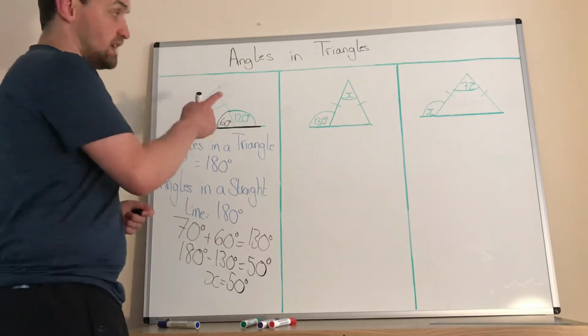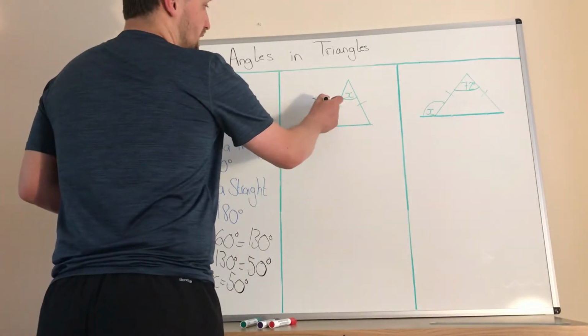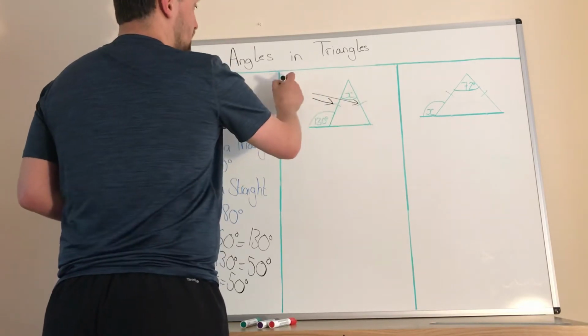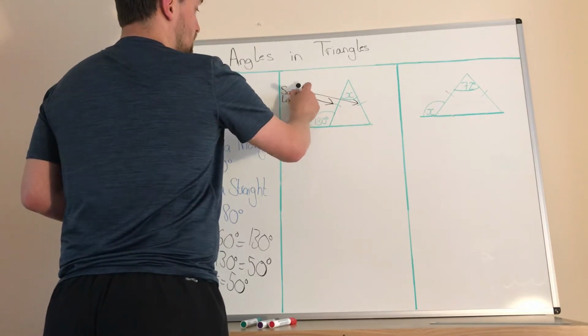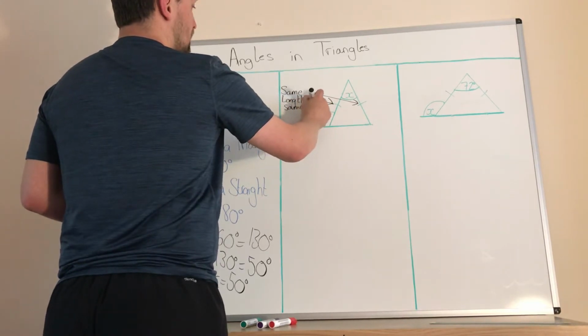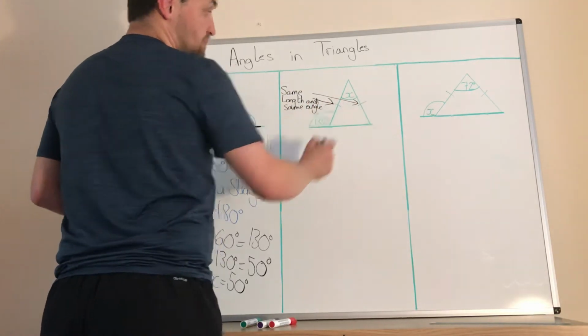Right, let's look at the second question then. Now remember, these lines here mean they are the same length and the same angle. So whatever this is in here, that must be as well.